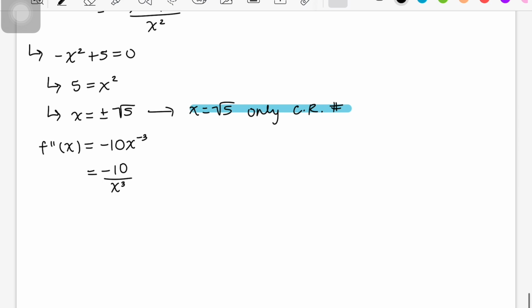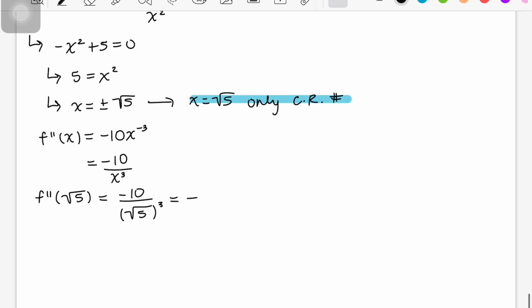Now notice that when we plug in our only critical number into our second derivative here, we're going to get a negative number. So this guy is going to be less than 0. So this tells us that we're going to have an absolute maximum at this point.